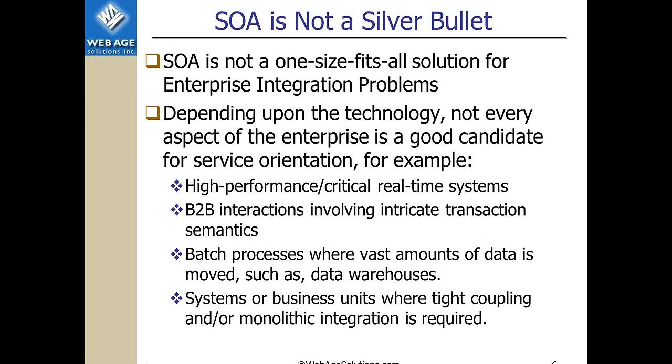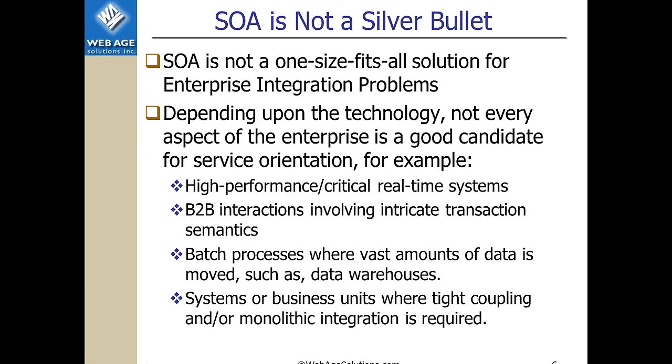So SOA is not a silver bullet, and not every aspect of your enterprise is a good candidate. Such systems as high performance and mission critical real-time systems are not very well suited to be under the SOA umbrella. Business-to-business interactions involving very complex transaction semantics are also not a good candidate for SOA.